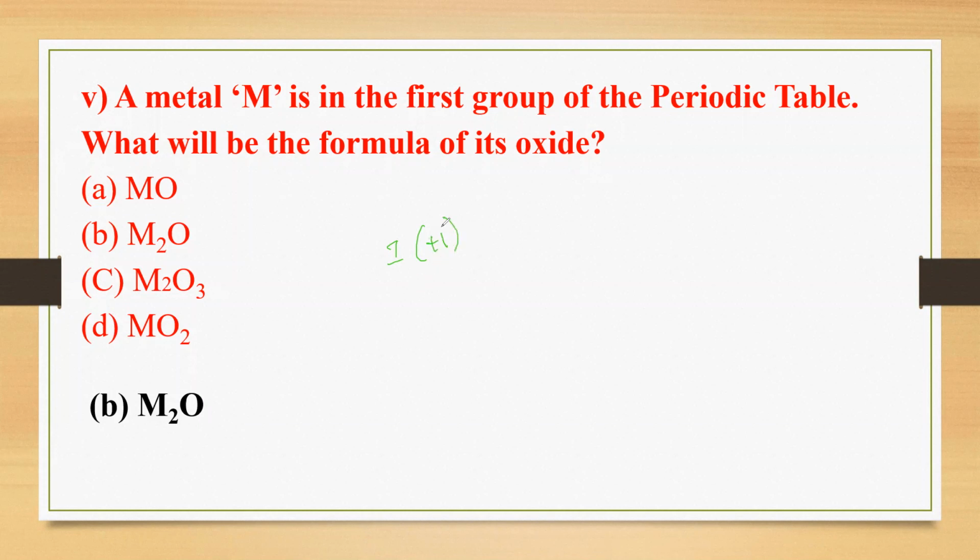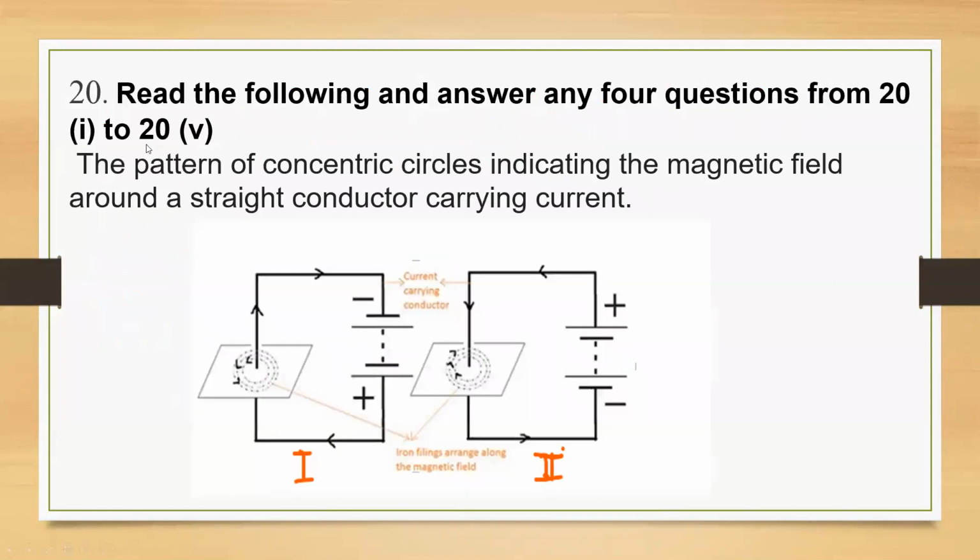If you keep a plus or not, no problem, you can take 1 as the valency. They are asking for the oxide; oxygen valence is 2. Just crisscross it and you will get M2O, isn't it? This is the easy way to write if you know the valences. B is the correct option. M2O is the oxide.